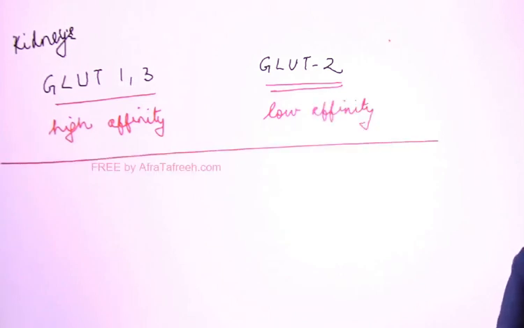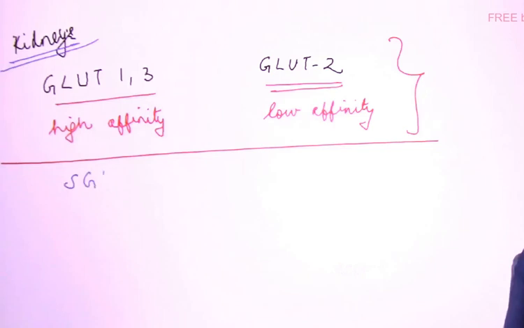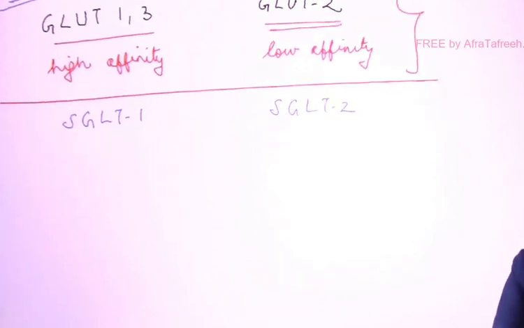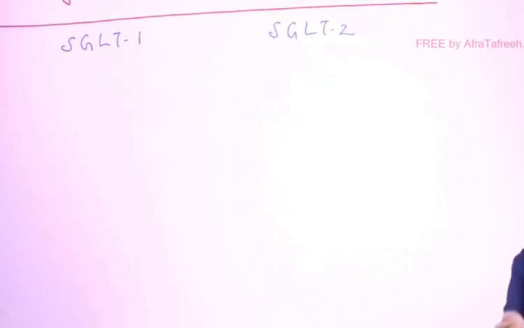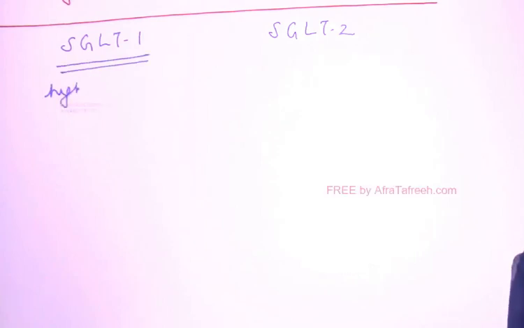So this is the facilitative transport present in kidneys. And in kidneys, SGLT, the active transport, SGLT1 and SGLT2 both are present, right? Like GLUT1, 2 and 3 are present, SGLT1 and 2 are also present. SGLT1 is a high affinity transporter, like I told you GLUT1 and 3 are high affinity transporters.